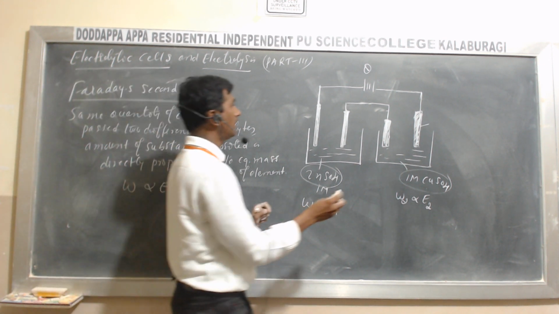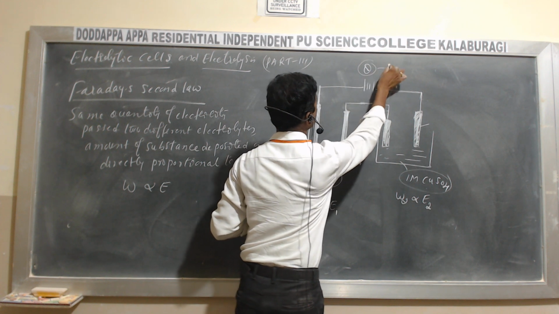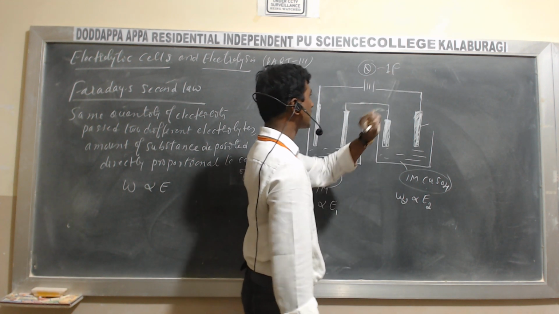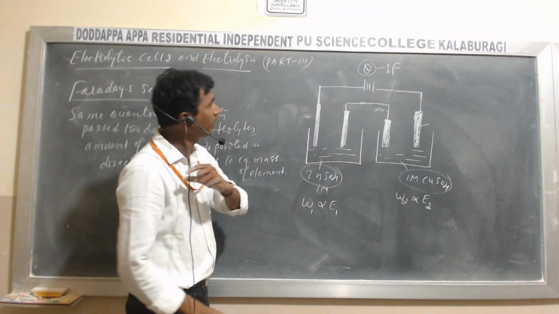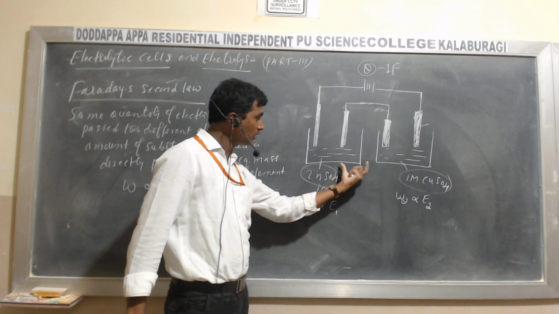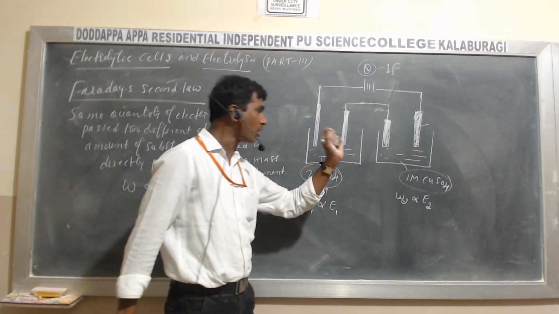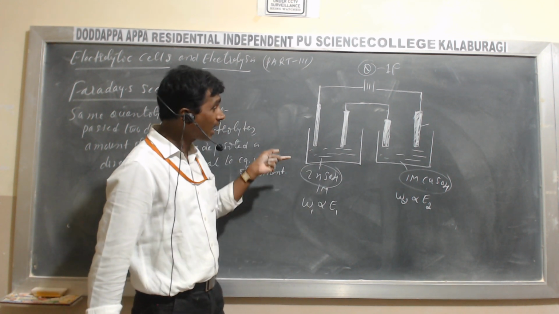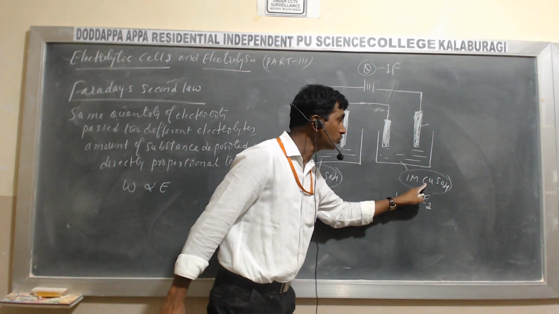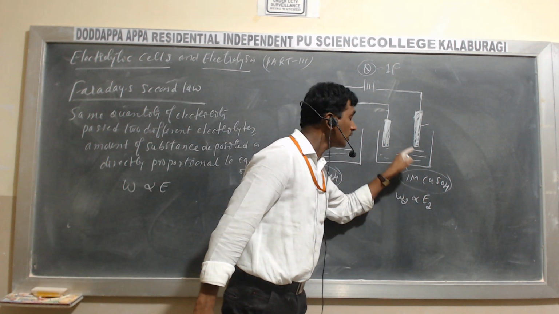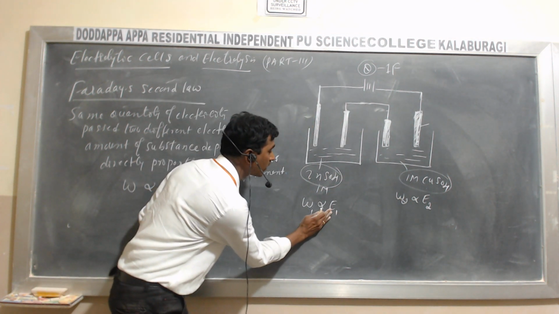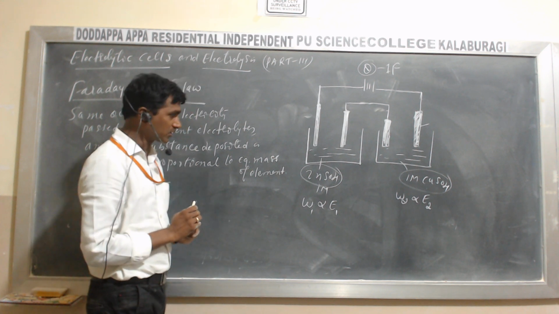For example, here the quantity of charge supplied is, say, 1 Faraday. Assume the quantity of charge supplied between two different solutions is 1 Faraday. So 1 Faraday is between the two solutions, zinc sulfate and copper sulfate, the same, but the amount of deposition of zinc and the amount of deposition of copper at the respective electrode is different, because it depends on equivalent mass.